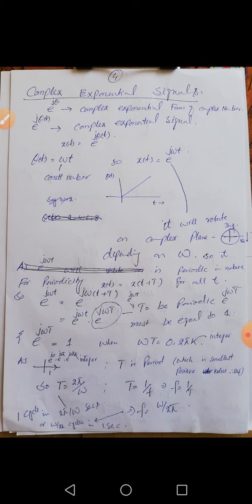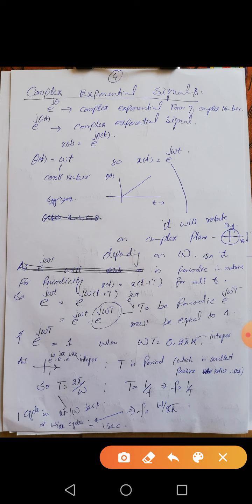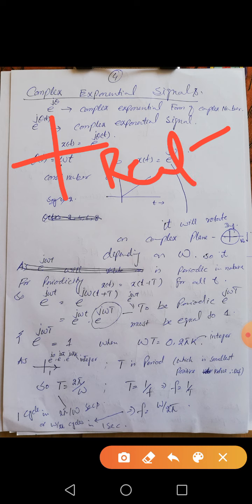Depending on this, the exponential signal e power j omega t will rotate on the complex plane. This is a complex plane, this is the real axis, this is the imaginary axis. We call this plane the complex plane because it has a real part as well as an imaginary part. This is the positive imaginary, this is negative imaginary, this is positive real, this is negative real.